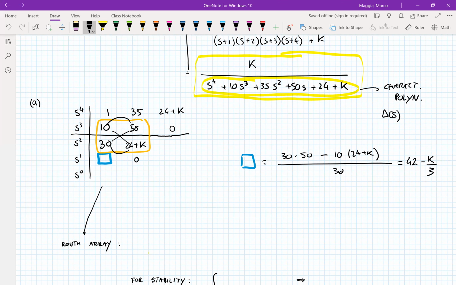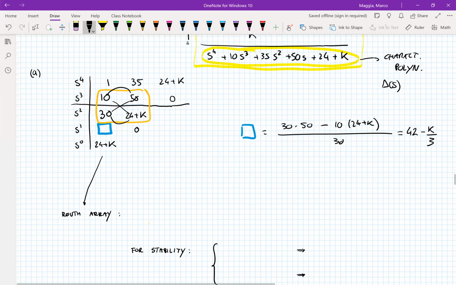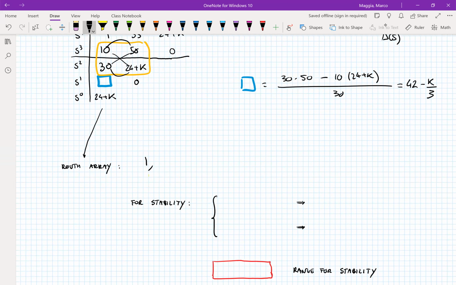And we have 0 here, and so the last one is 24 plus k. So now the Routh array is the following: 1, 10, 30, 42 minus k over 3, and 24 plus k.